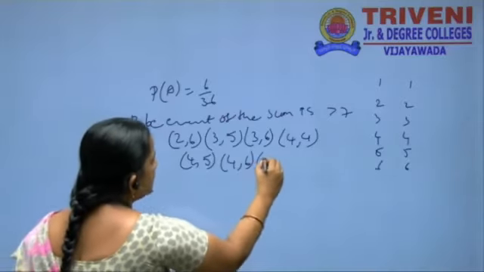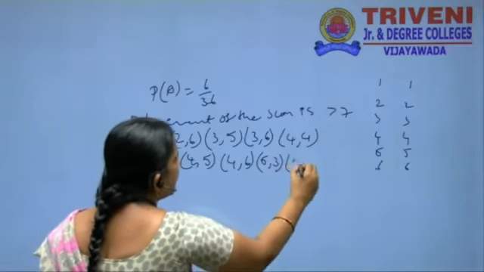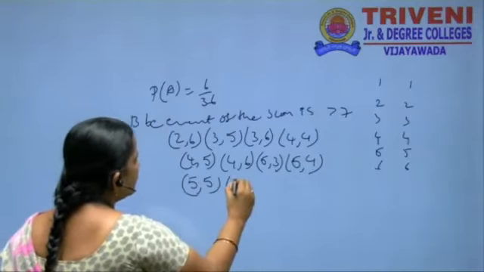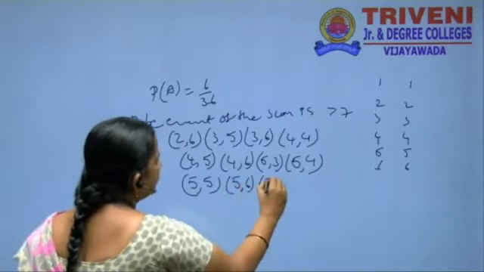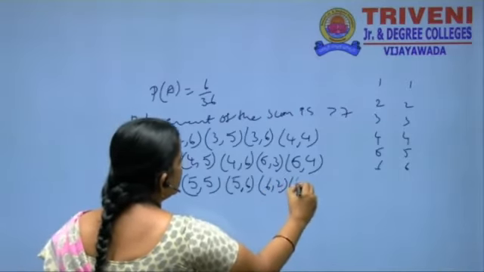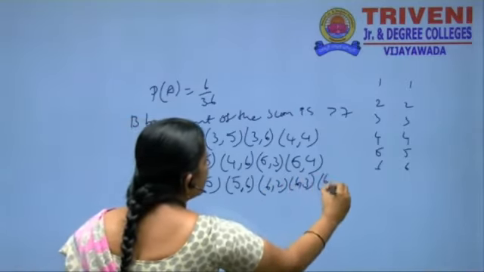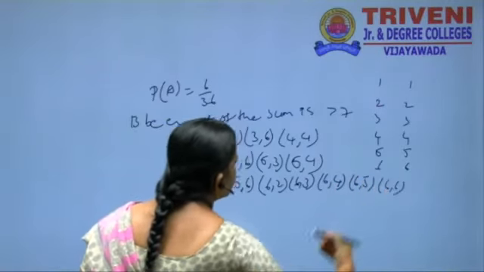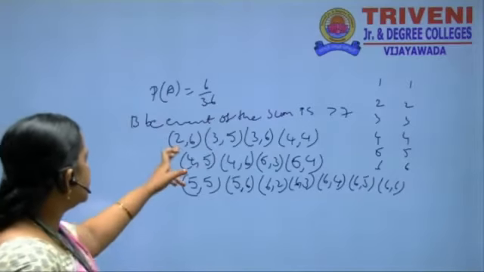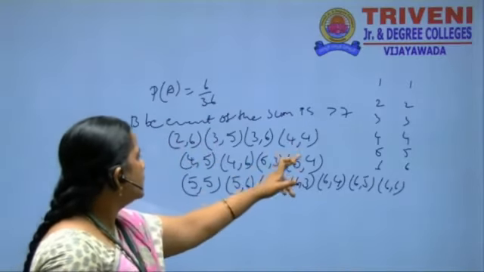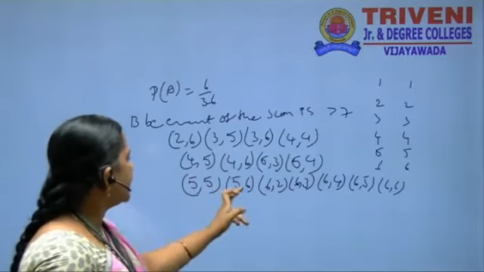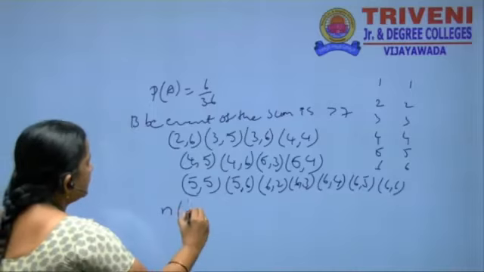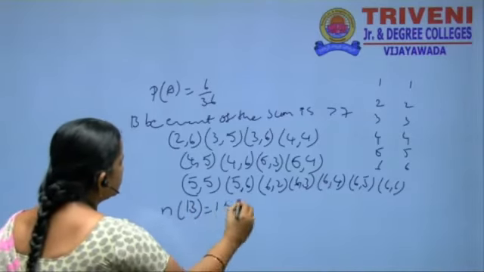Next 5 comma 3, 5 comma 4, 5 comma 5 and 5 comma 6, and again 6 comma 2, 6 comma 3, 6 comma 4, 6 comma 5 and 6 comma 6. The total number of chances in event B is 1, 2, 3, 4, 5, 6, 7, 8, 9, 10, 11, 12, 13, 14, 15. Therefore, N of B is equal to 15.